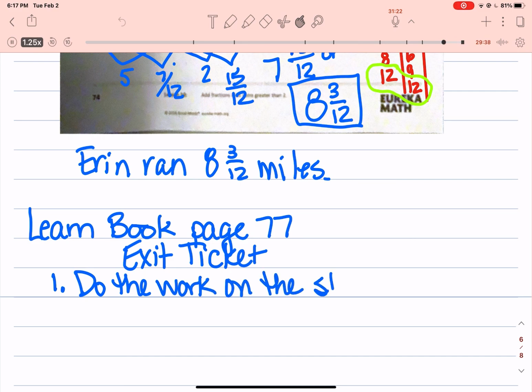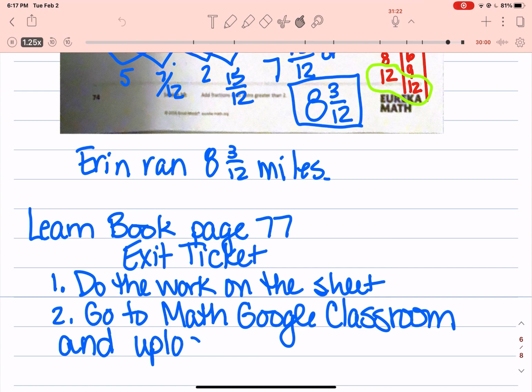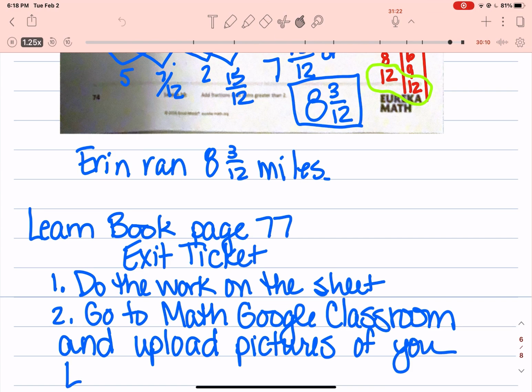Go to Math Google Classroom and upload pictures of your exit ticket responses.